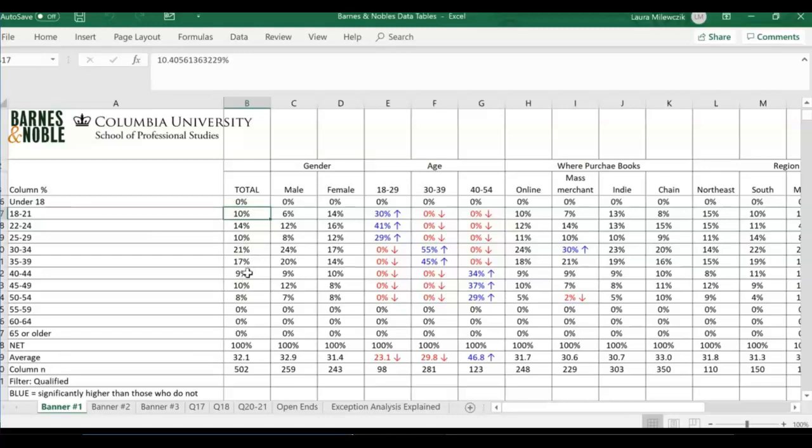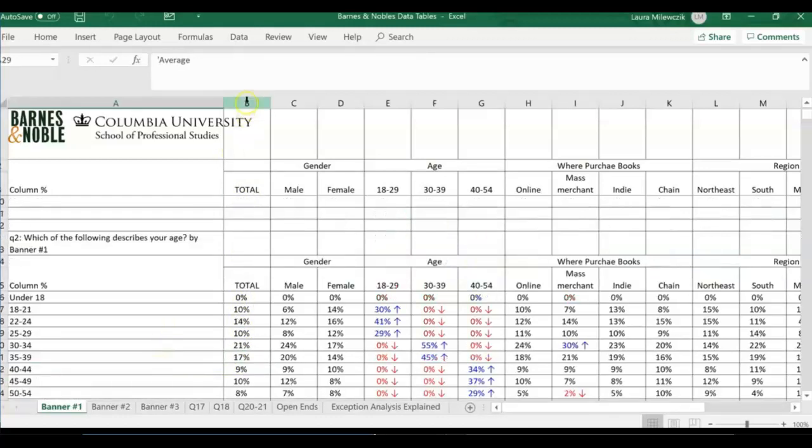So we could say, if we were writing a report, 10% of our respondents were between the ages of 18 and 21. Down here, where we have average, we've taken an average across all of the ages. So we can also say, among our total respondents, our average age for this survey was 32 years of age. Okay, so always read down and then across.